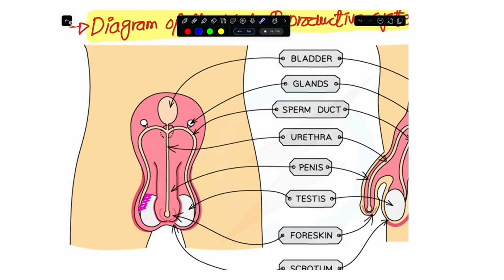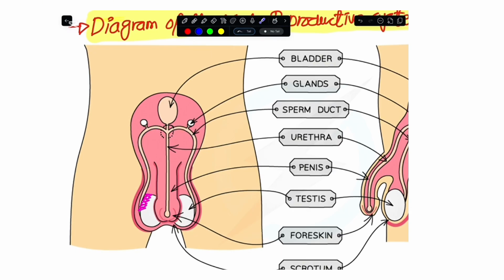Now, when the male individual is sexually aroused, the sperm, with the help of peristalsis, would move out of the epididymis and come into this duct that we have here on both sides, elongating out of the testes or out of the epididymis, and this is the spermatic cord.